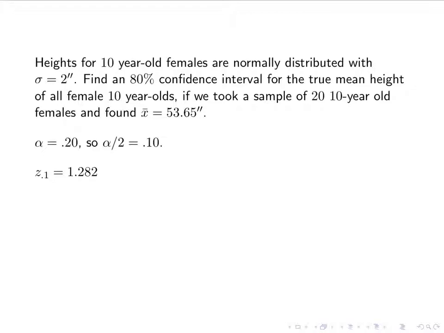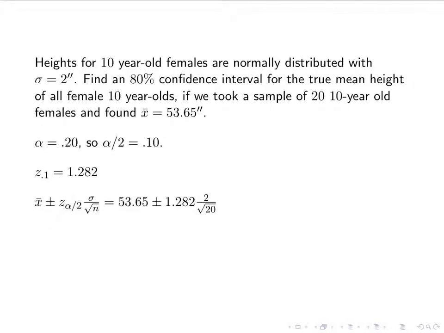So remember, 80% is not a terribly high confidence level as far as confidence intervals go. So our interval itself will be fairly small because we're only 80% sure that it's inside this interval. So our z sub 0.1 is smaller than it was for the 90% and the 99% confidence intervals. So it's only 1.282.